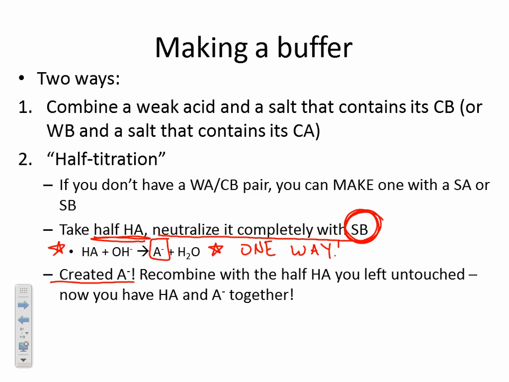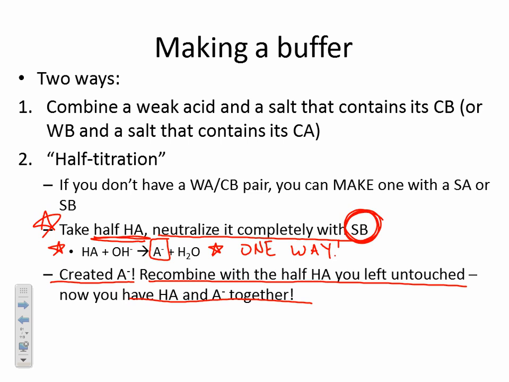You can make the second one by reacting some of it, because once you've created that A minus, you can recombine it with the half of the HA that you left untouched. Remember, we split it into two equal portions. We reacted half of it, and then you combine it back together. Now you have both of them together in the same beaker, and there is your buffer.